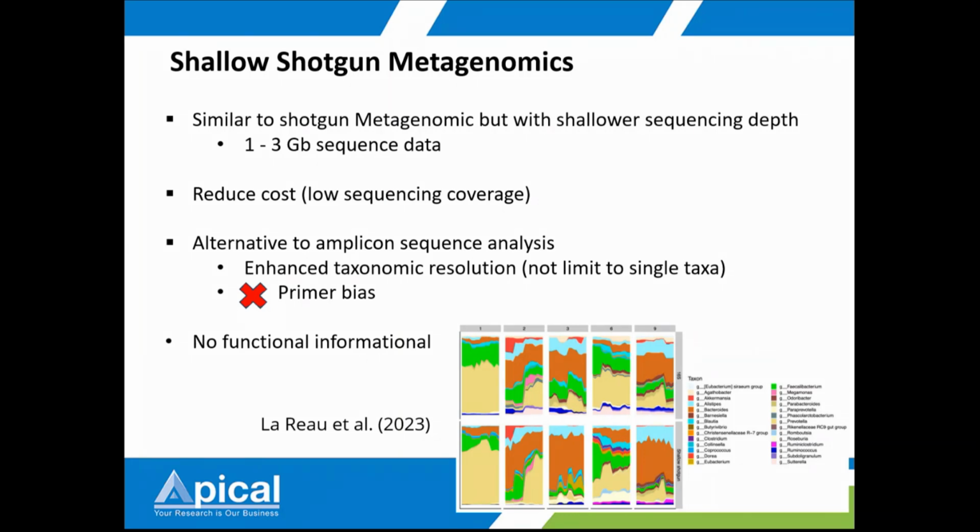It might not be enough to capture the functional information, but it should be enough to do the taxonomy identification. That's why shallow shotgun metagenomics is suitable for taxonomy identification, but not so much for functional information.